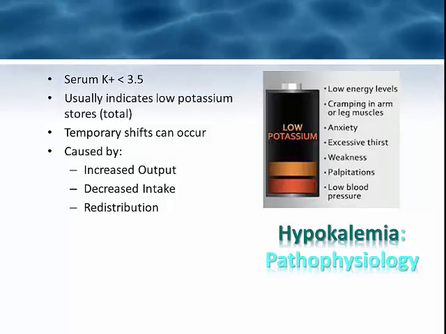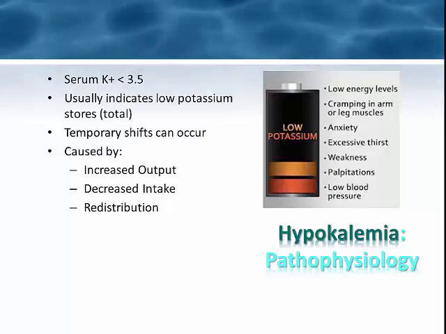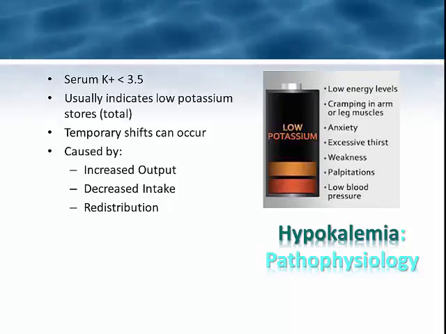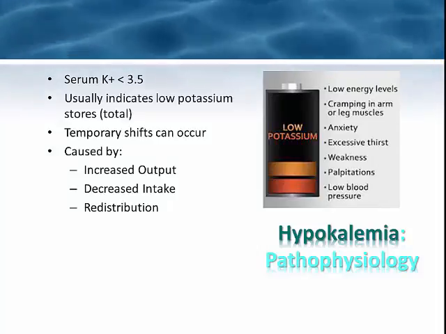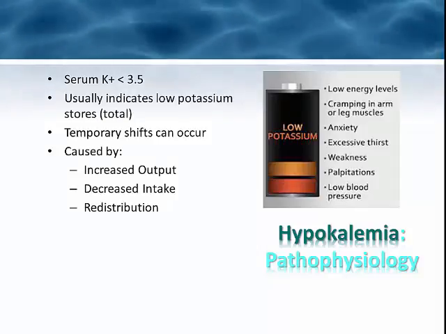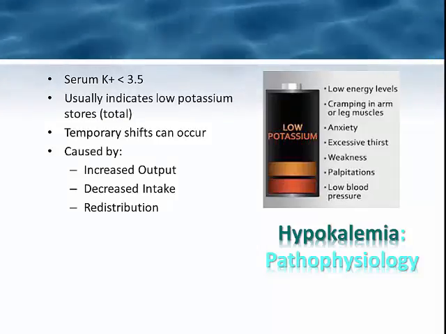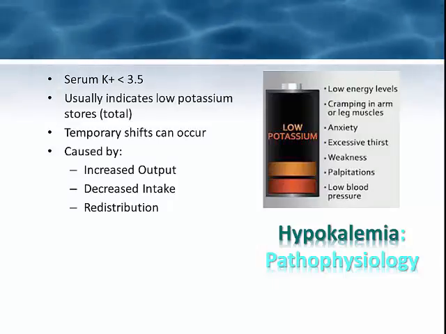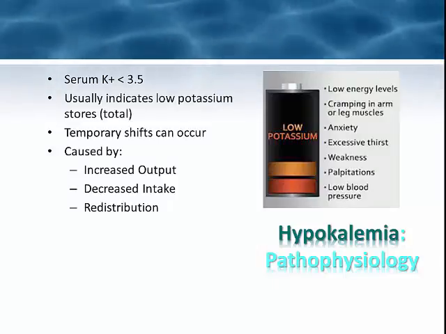Gastric suctioning, recent ileostomy, intestinal drains, and primary adrenal adenomas, or secondary situations like cirrhosis, nephrotic syndrome, and heart failure can have problems with hyperaldosteronism, which causes the kidneys to excrete potassium.